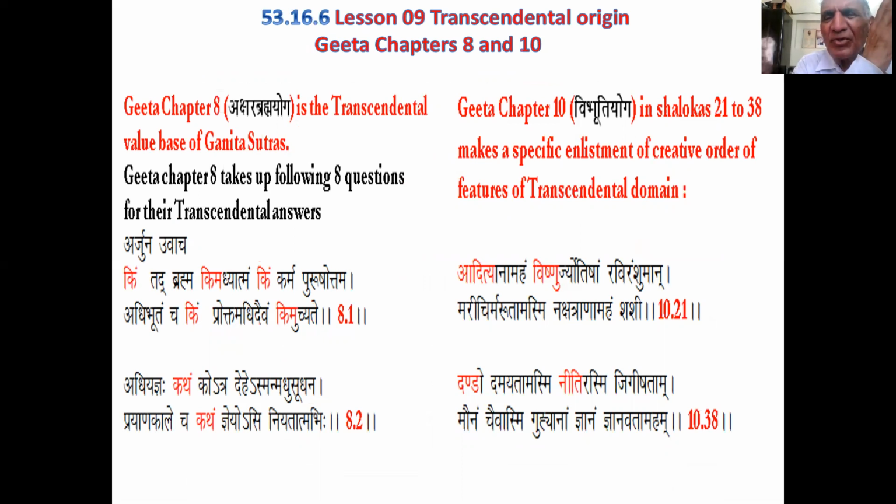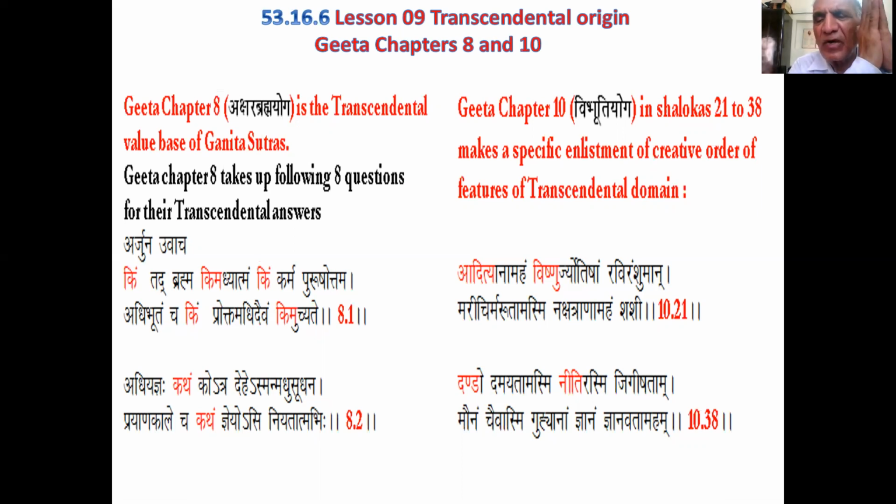The Akshar Brahma Yoga, the 8th chapter of Srimad Bhagavad Gita, is raising and answering 8 basic questions. And chapter 10 of Vibhuti Yoga is specifically enlisting the creative order of the transcendental domain.